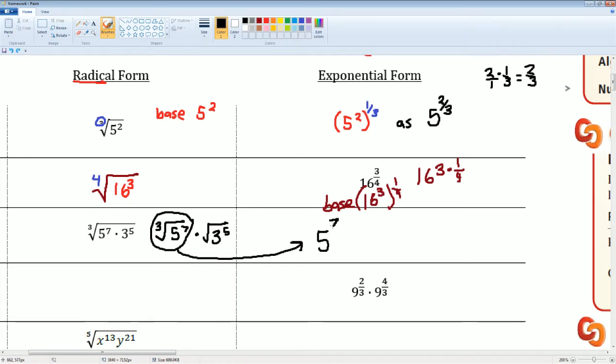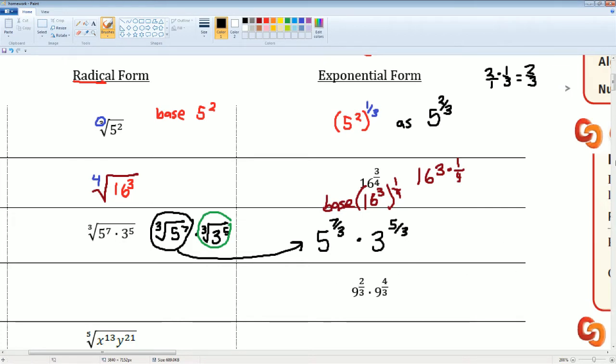So it's 5 to the 7th over 3 power, times, let's do the second one in green. What is that? Ooh, this is 5 to the 3 here. So this is still 3. Okay. Right. And this is what? 3 to the 5th power divided by 3. There you go. That's how that one would look.